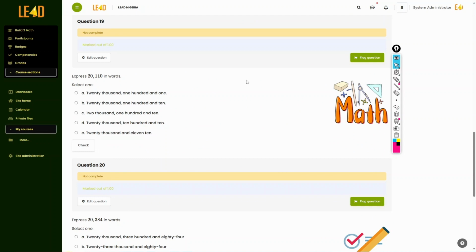Express 20,110 in words. So before the comma, we have the thousands, so that's 20,000. And then after the comma, what do we have?